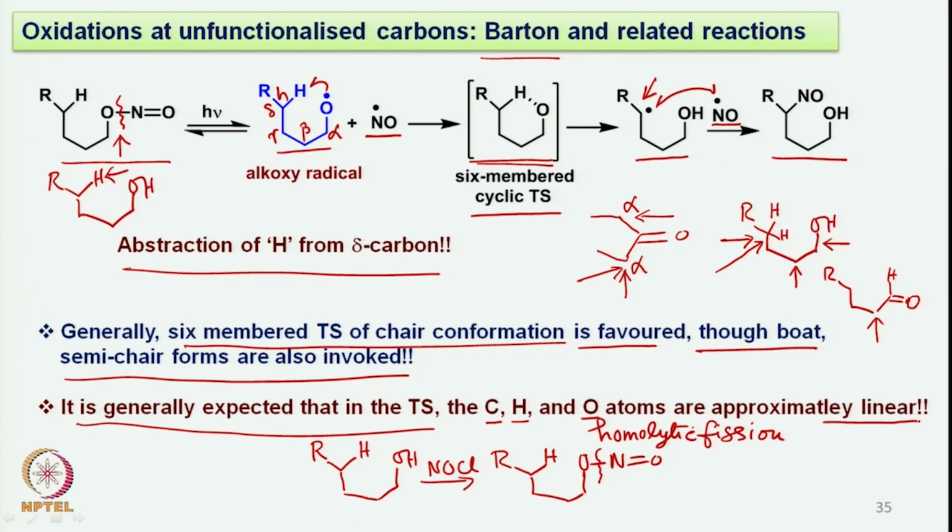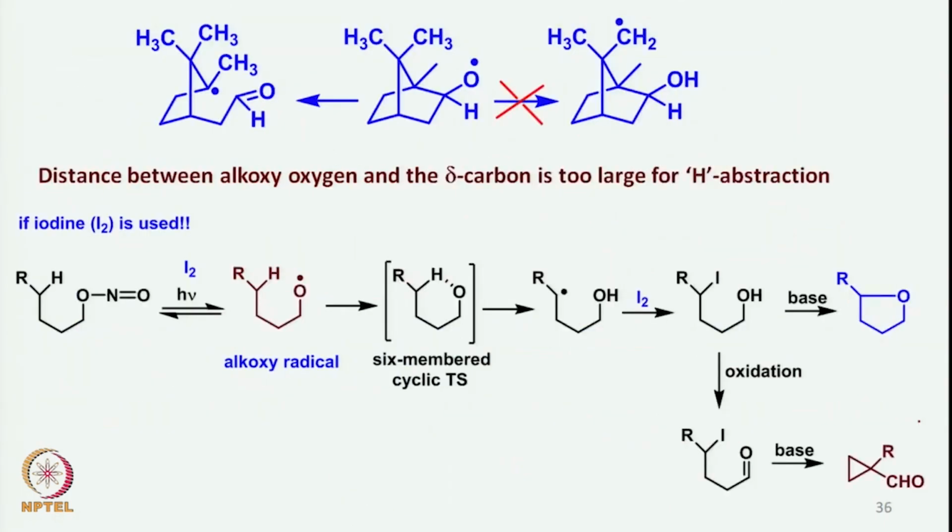So if that happens, then obviously what one expects is that the transfer of the radical occurs from oxygen to a remote delta carbon. So the coplanarity is an important part.